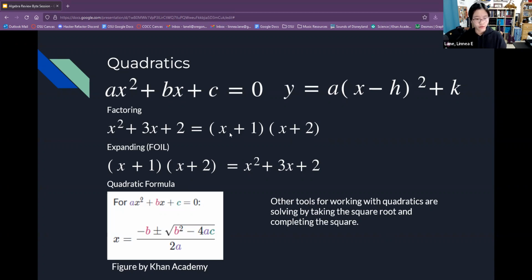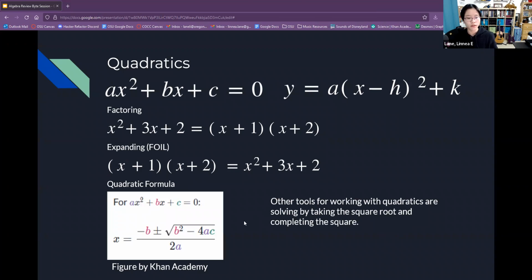The opposite of factoring is expanding, or using FOIL, which stands for first, outside, inside, and last. If you multiply the first terms, the outside terms, the inside terms, and the last terms, you come up with the expanded form. So those are the ways that you can go between those two.